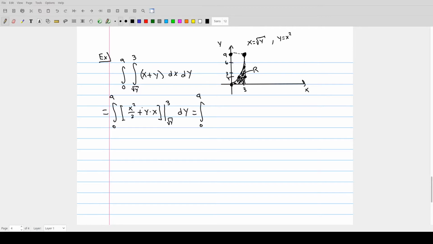I plug in 3 here, I get 3 squared over 2, or 9 over 2, plus 3 times y. We have to subtract from that the square root of y being plugged in here for x. So it's the square root of y squared over 2, which is y over 2, plus y times the square root of y, which is y to the 1/2.